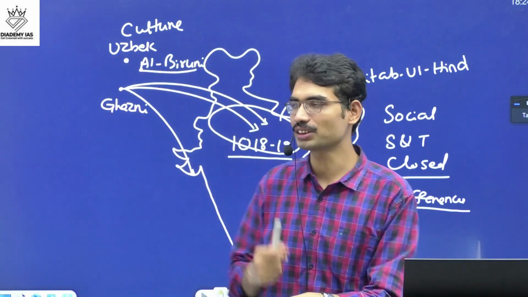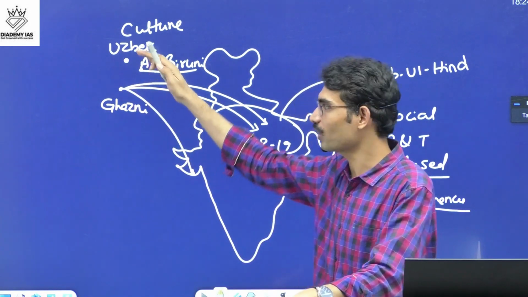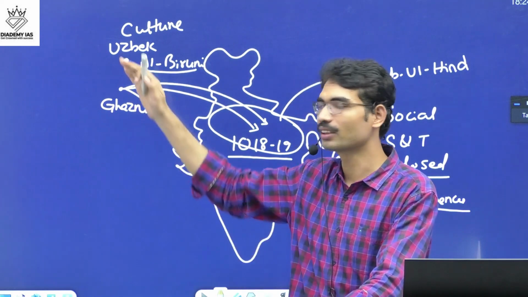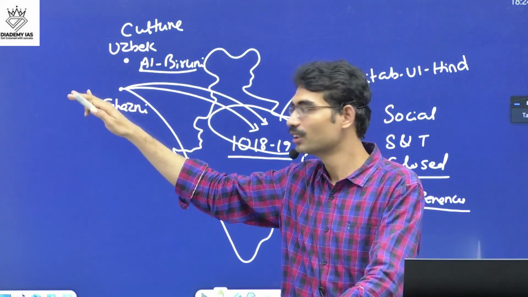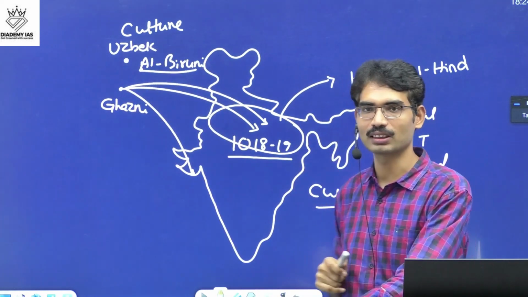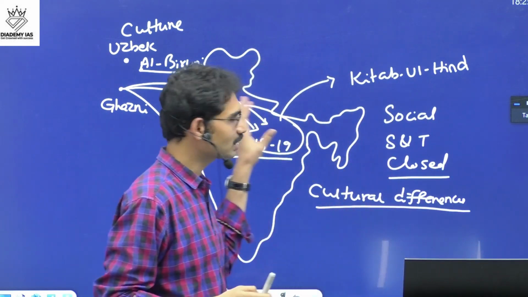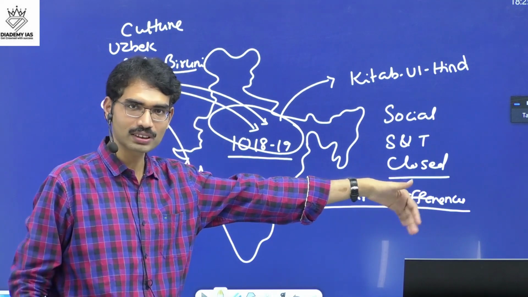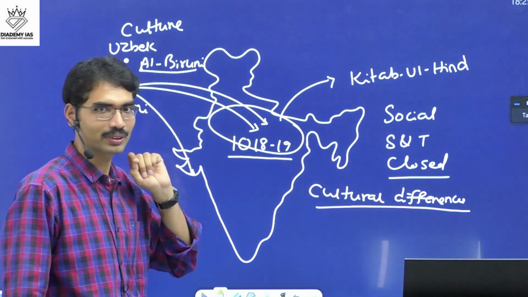When it comes to Indian history, Central Asian contacts were always there. Since the post-Mauryan time period, we are seeing Shakas, Kushanas, so many people came from Central Asia. And there were commonalities also there. But he always observed the more focus was given to the differences, that was cultural difference.